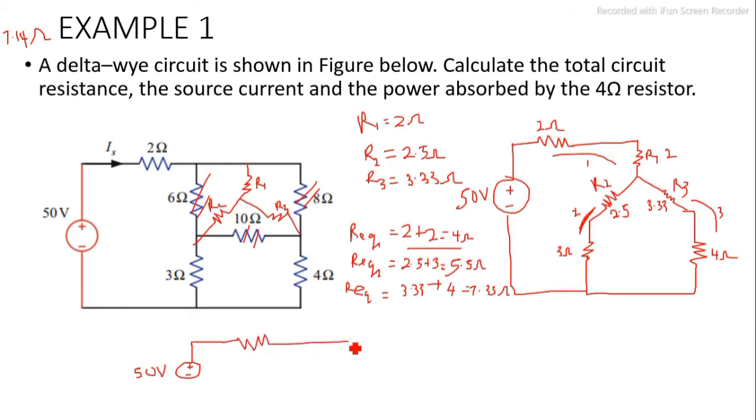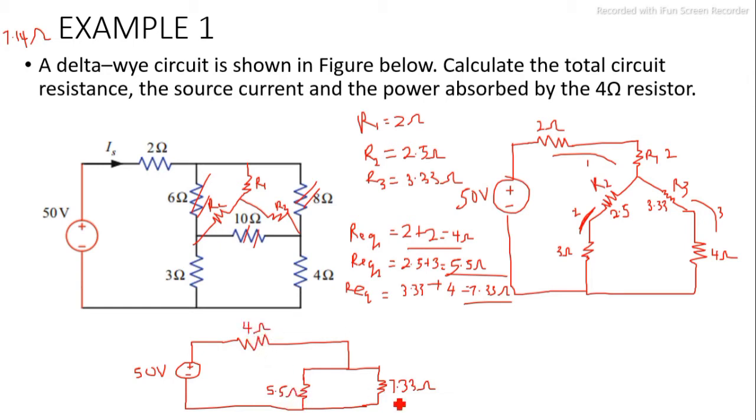Then the wire is coming down. These two have been combined to 5.5 ohms. And these two have been combined to 7.33 ohms.